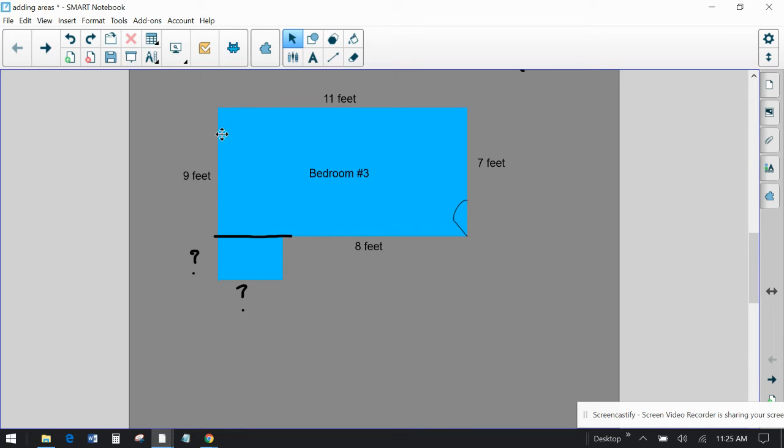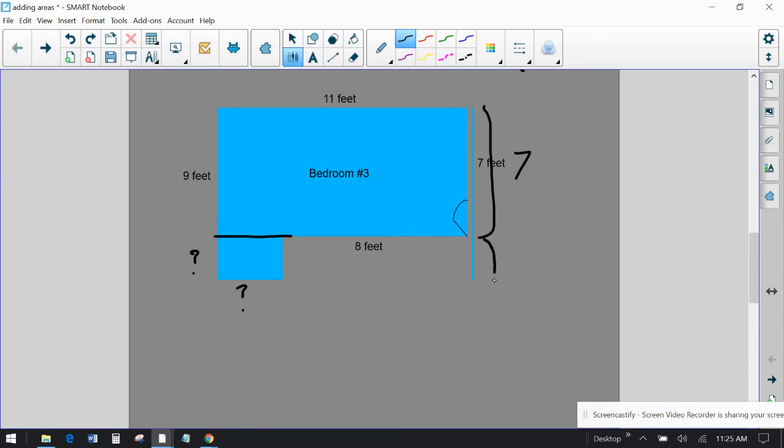So for instance, this whole wall from here to here is 9 feet, but how long is it from here? Well, we know that this right here is 7 feet, and this is 9 feet. So if I drag this 9 all the way over here, this is the length of this wall over here.